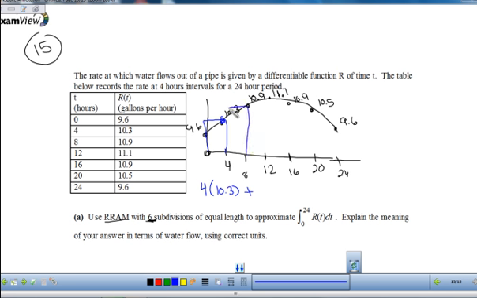Second one, again, the base is 4 and the height is 10.9. Again, the base is 4 and 11.1.